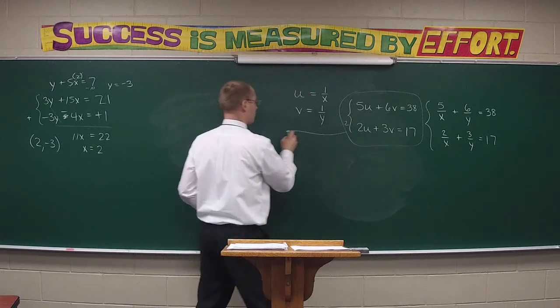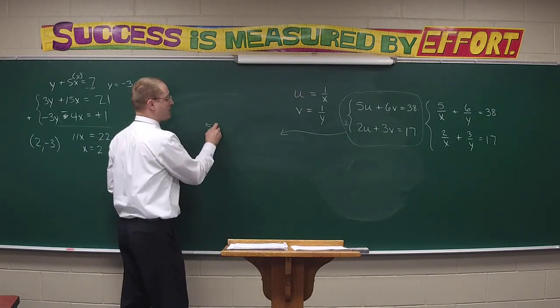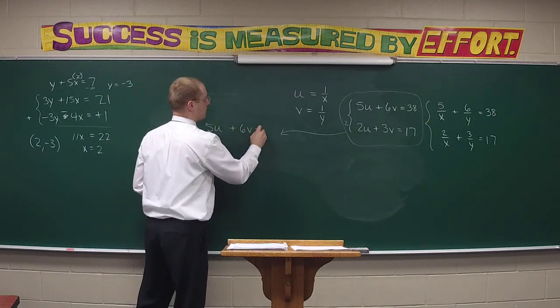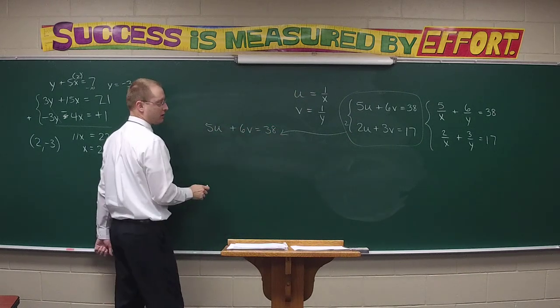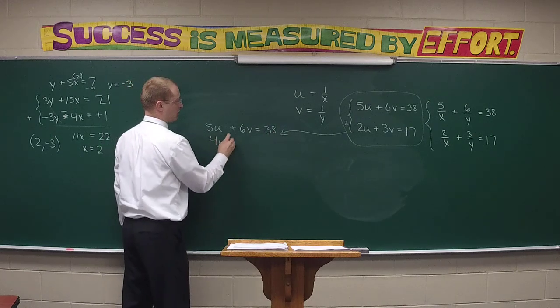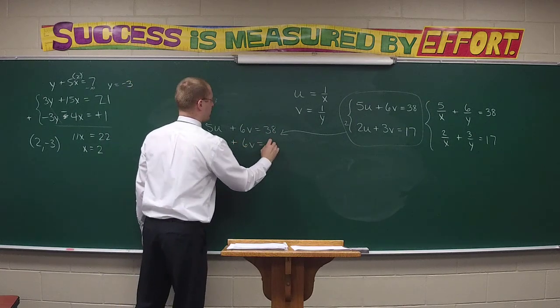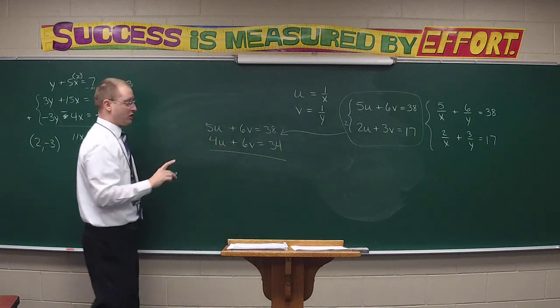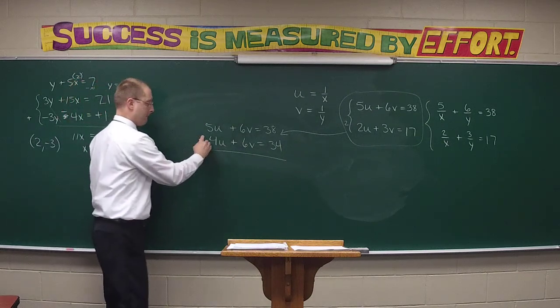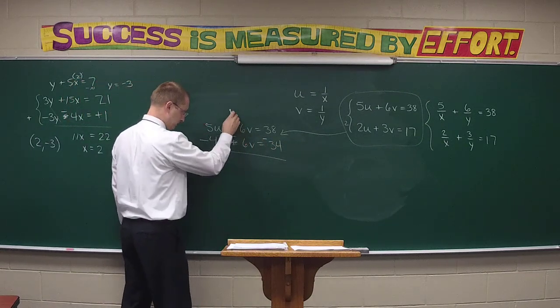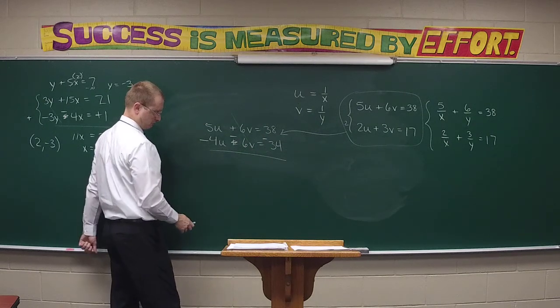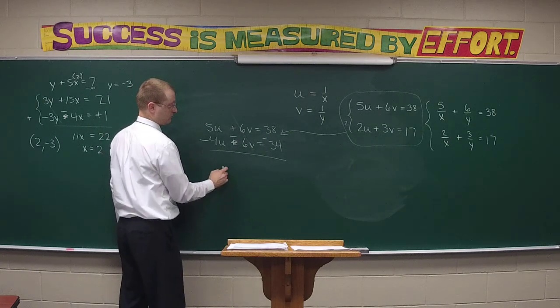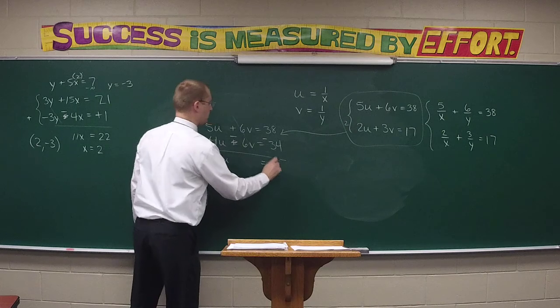All right, so coming over here now. Top equation remains for now 5u plus 6v equals 38. Lower equation, 4u plus 6v equals 24. All right, and then we need to change the signs. Bottom equation, we'll go ahead and change them there. Cancels, we end up getting u equals 4.